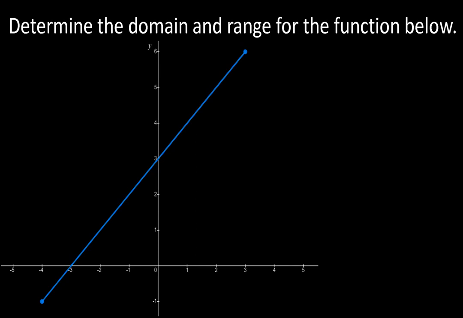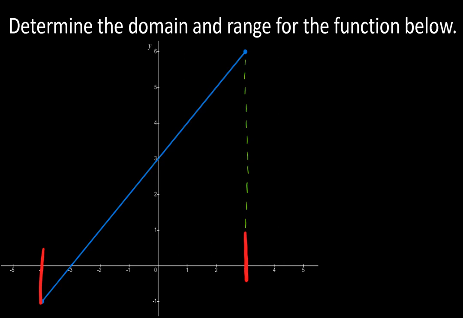The first thing I notice is that the leftmost point of this graph is at -4, and the rightmost point seems to be at +3. So upon initial inspection, it appears that my domain will be all x's from -4 to +3.